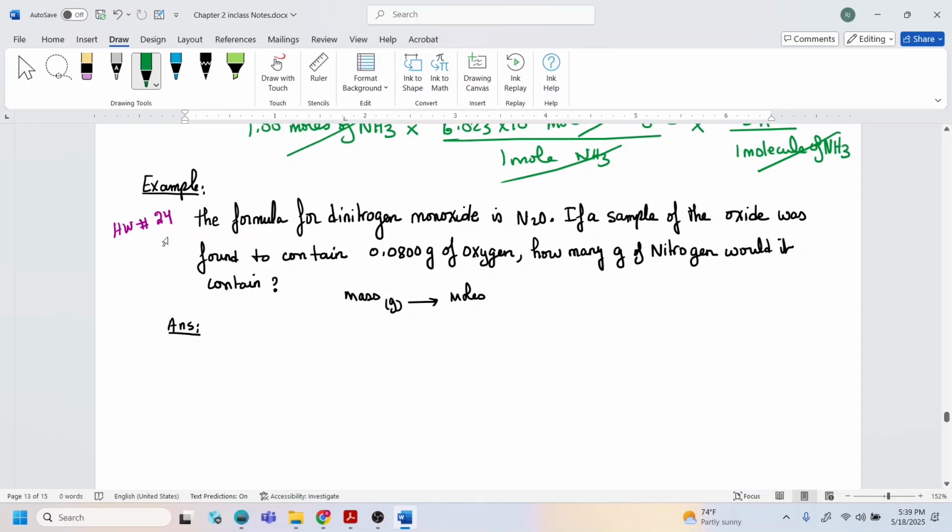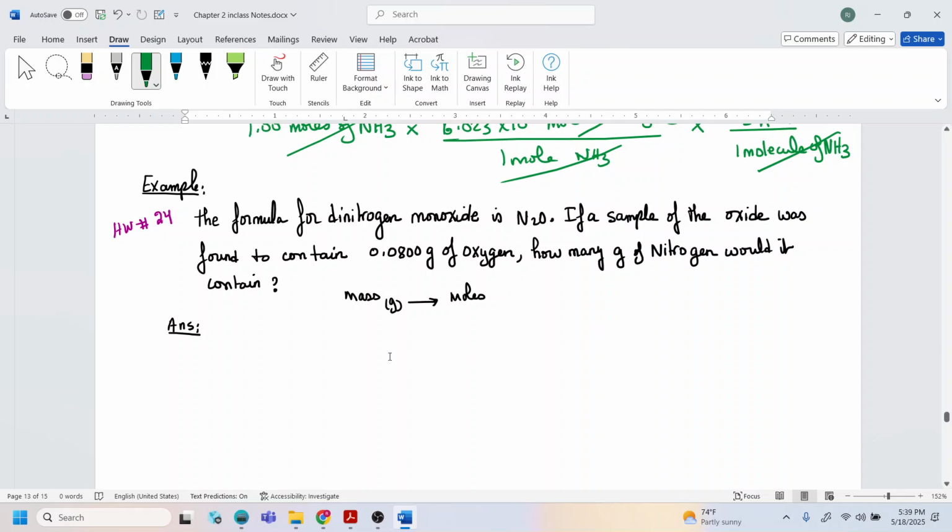Another example, this is similar to number 24 in your homework. The formula for dinitrogen monoxide is N2O. If a sample of the oxide was found to contain that much oxygen, how many grams of nitrogen would it contain? You guys, this one you can solve either by one equation or you can do steps. The key for the homework, I did it in steps.